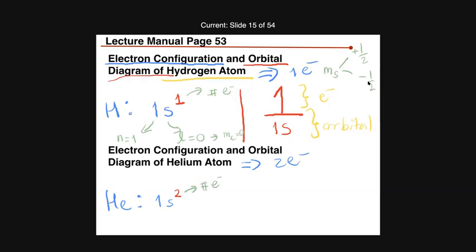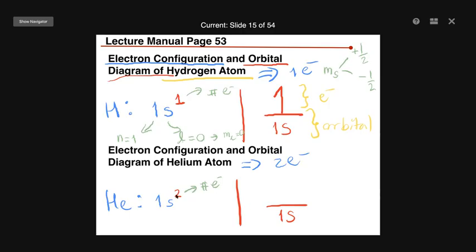Okay, if I write this as an orbital diagram, what you are going to do is the same thing, right? Because we have 1s, so 1s would be just 1 orbital. The reason for that is because when L equals 0, there's only 1 value of m sub L, which is 0. So that 1 value translates into 1 orbital.